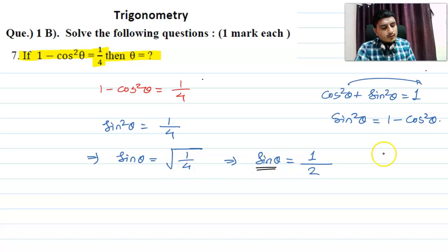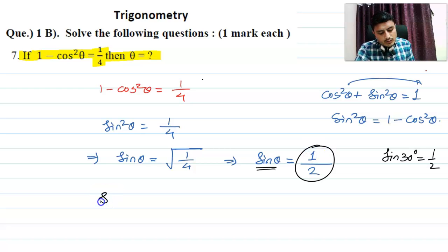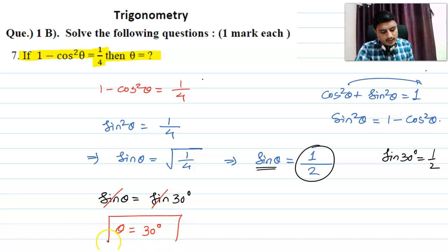As per the trigonometric table, the value of sine of 30 degree equals 1 by 2. So we replace 1 by 2 in terms of the sine angle, and sine theta equals half, which is sine of 30 degree. Sine from both sides gets cancelled, so the value of angle theta is 30 degree.